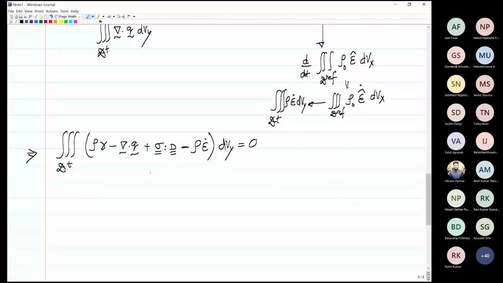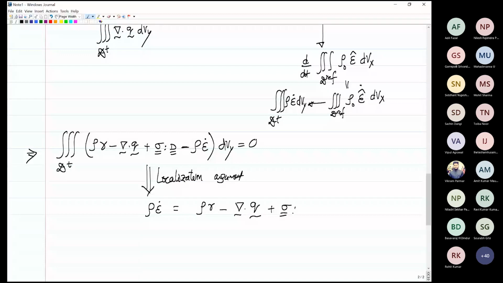So from here you can use the localization argument, because it holds for every dt. Then you can say that the integrand must vanish, so what you get is that rho epsilon dot is equal to rho r minus divergence of q plus sigma double contraction d. Okay, so that's the local form of the first law of thermodynamics.